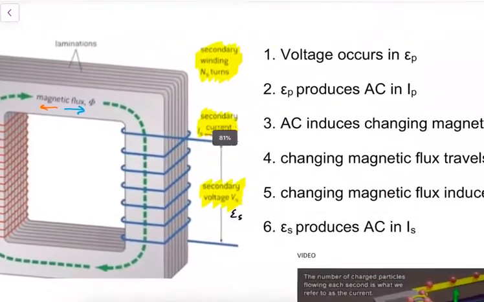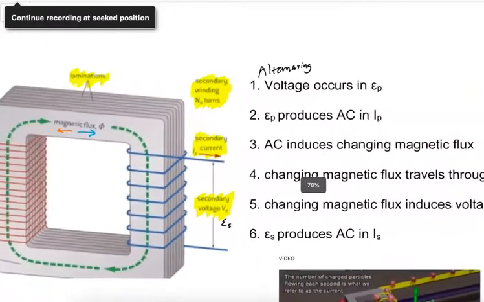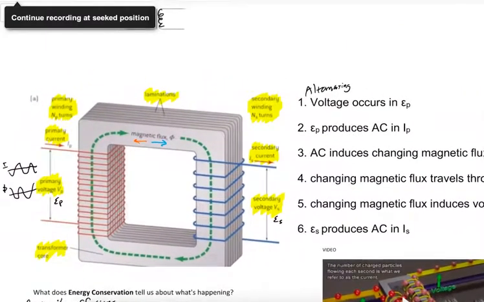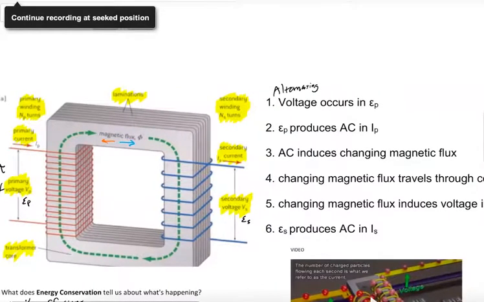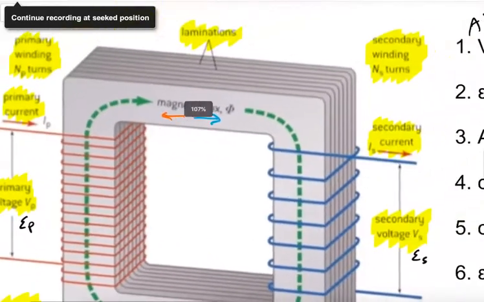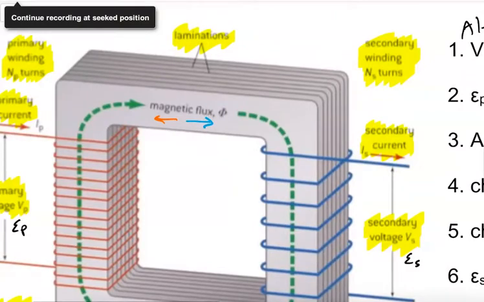So let's review this. An alternating voltage occurs in the left side in the primary EMF. That alternating voltage produces an alternating current in the primary current wire. That alternating current induces a changing magnetic flux, as I showed by the graph and what we learned previously, and it oscillates left and right, clockwise, counterclockwise.